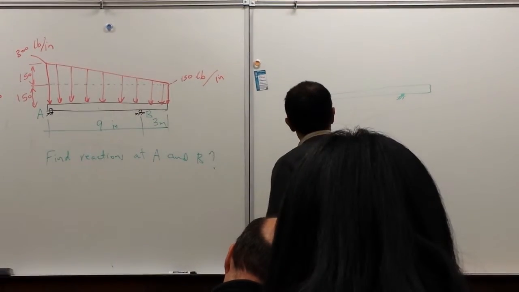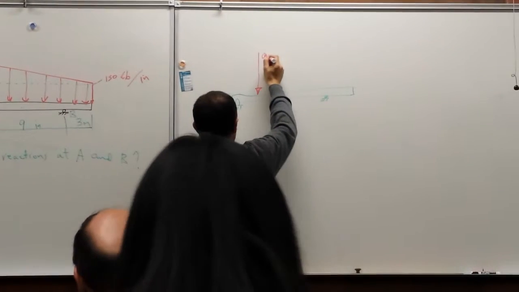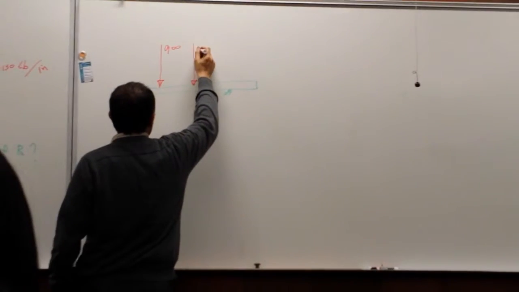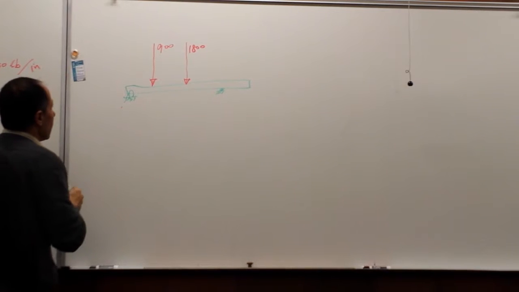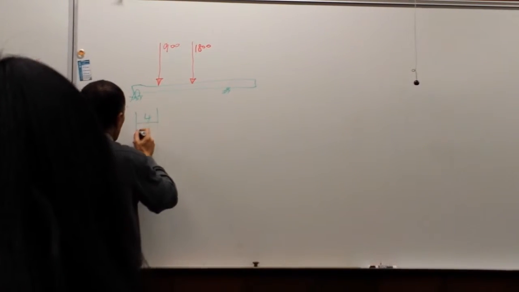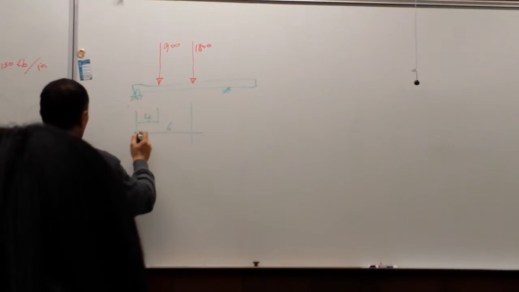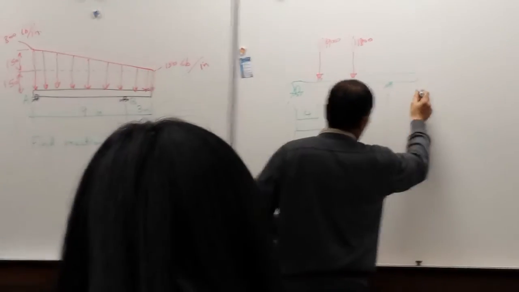So here I have a force of 900 at a distance, and here I have another force of 1800 pounds. Dimensions here: this is 4, this is 6, this is 9, and this is 3.